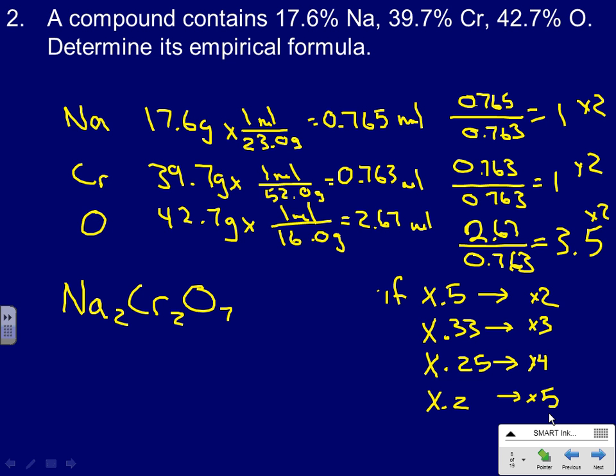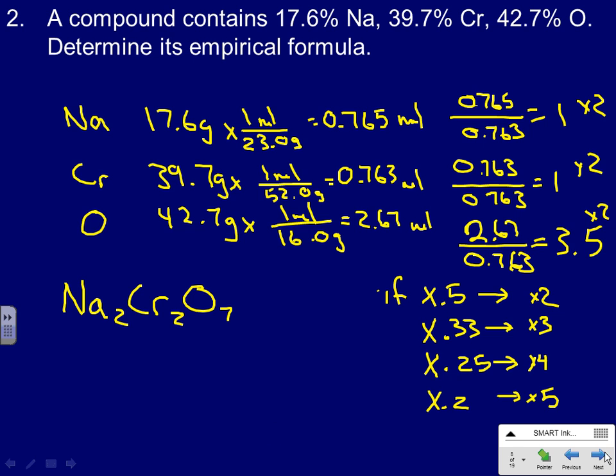If you end up with something like a 2.17 at that location, then you conclude you've made a mistake. And you go back and you check your molar masses, make sure you've got the right one, check to see that you've transposed the information from the question down into the right location. But if you end up with a 0.5 or these guys here, you're okay. You can multiply to get rid of it.